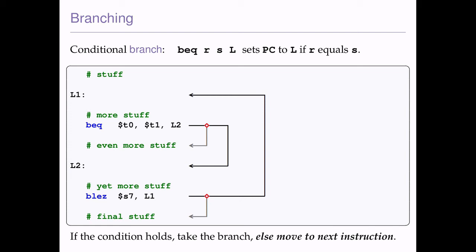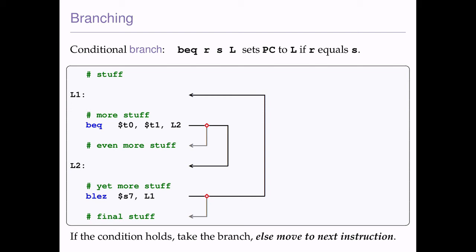What branches say is if a condition holds and is true, take the branch, otherwise just move to the next instruction. So unlike jumping where we just go to the label, branching allows you to give it a label which it might take if a condition holds, otherwise it will just carry on as before.